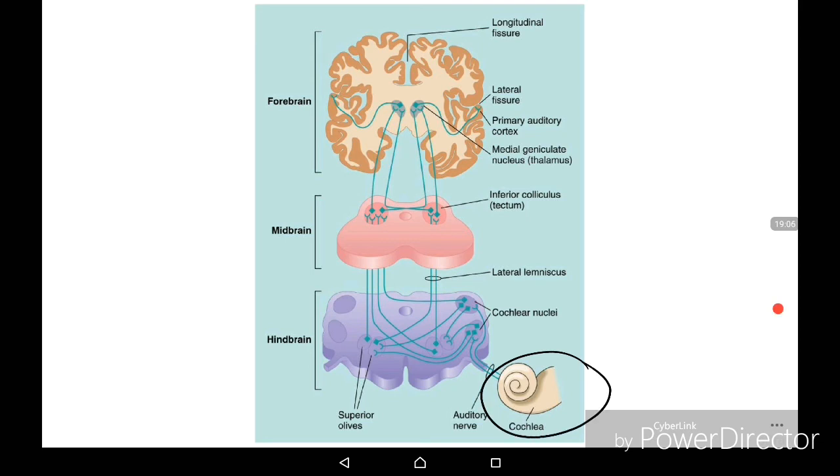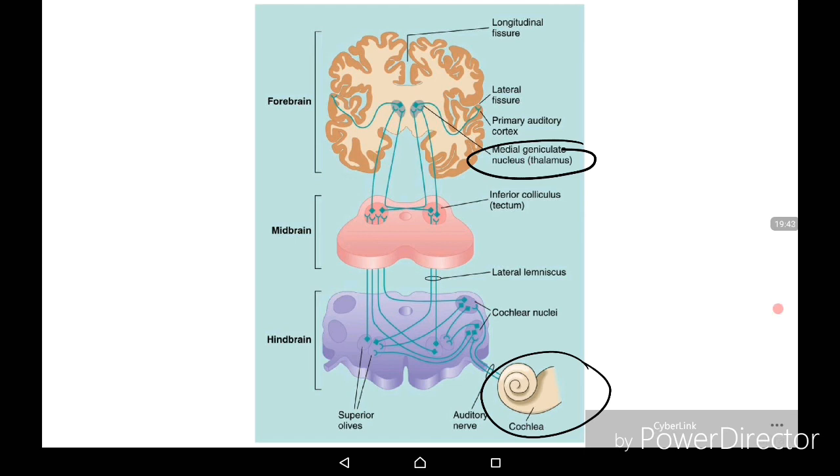Conducting pathways and the central part of the acoustic analyzer. We may see here the cochlea and the auditory nerve that is produced from the cochlea. Then we may look at the propagation of the impulses in the hindbrain, cochlear nuclei, then the inferior colliculus in the midbrain, and then the medial geniculate nucleus in the thalamus.